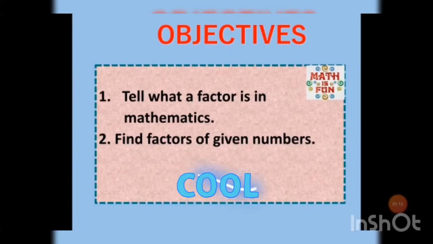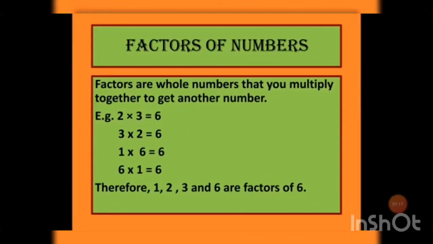So now let's begin with what a factor is. Factors are whole numbers that you multiply together to get another number. For example, if you multiply 2 times 3, it will give you 6. If you multiply 3 times 6, it gives you 6.